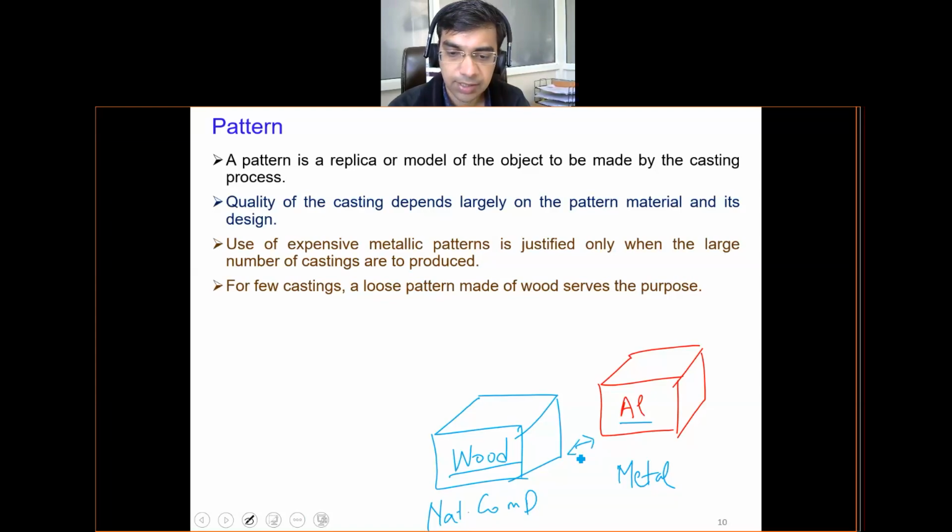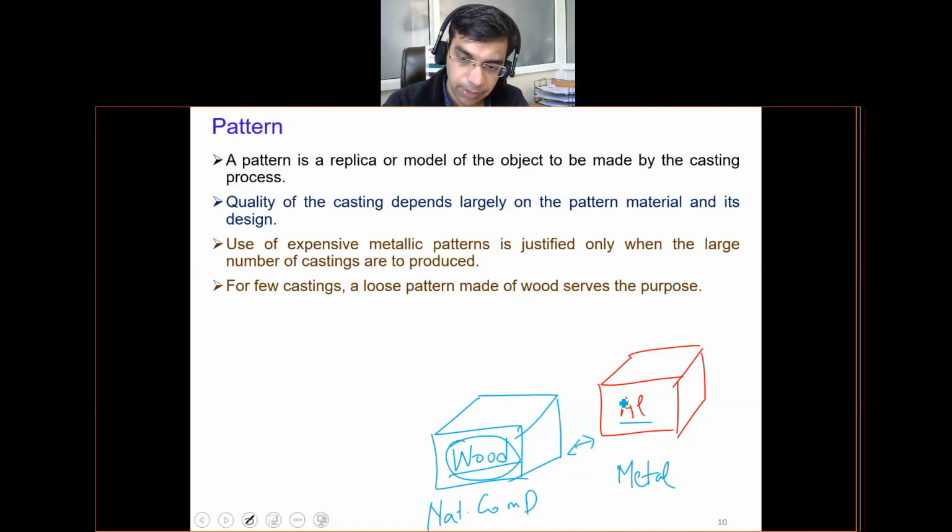You can understand in which case it will be easier to shape the pattern, wood or aluminium. But a wooden pattern may not hold its dimensions or surface quality for a very large number of castings.